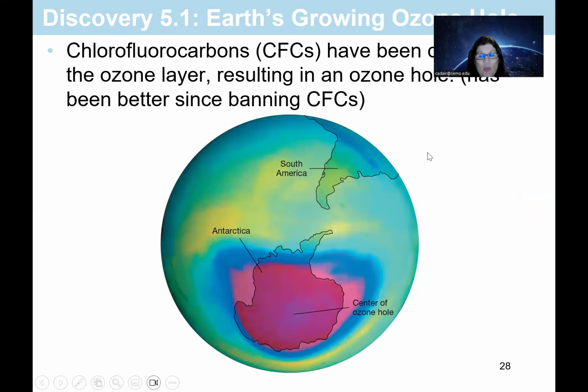When we first started putting satellites out, they measured a hole in the ozone layer in Antarctica, and they thought it was CFCs combining with the ozone molecule, the 3 oxygen molecule, and destroying it. Then the ozone layer started to heal, which was great, and then it's growing again. So there's some controversy about whether it was the CFCs or not, but they have different refrigerants now, so it's okay.